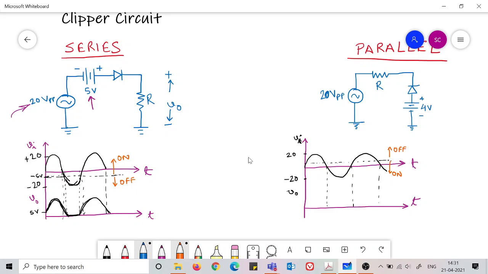This is demarcated, and now you have to simply redraw the voltage by taking the 4 volt line as the 0 line in the output.